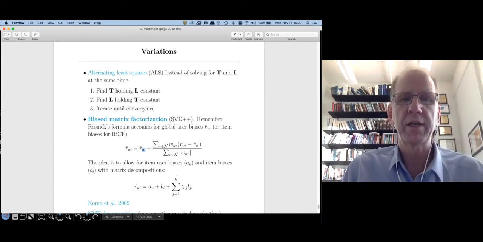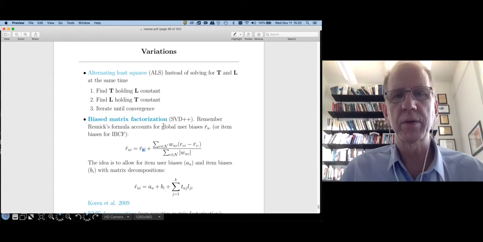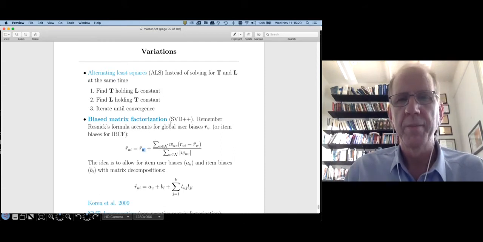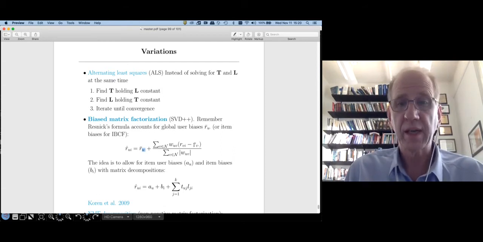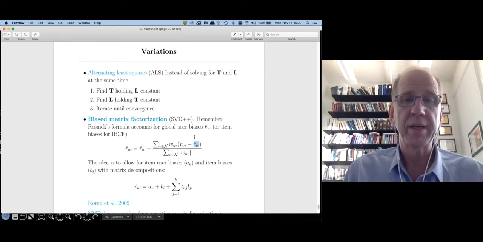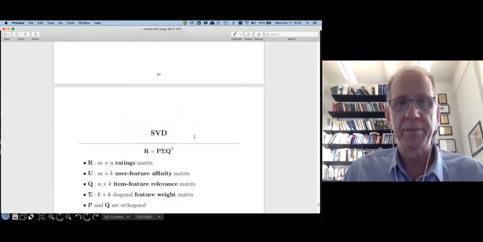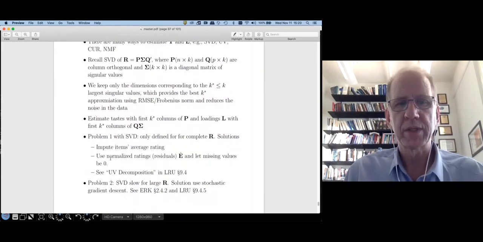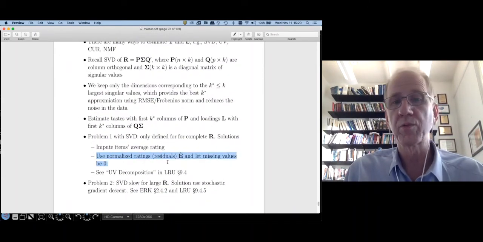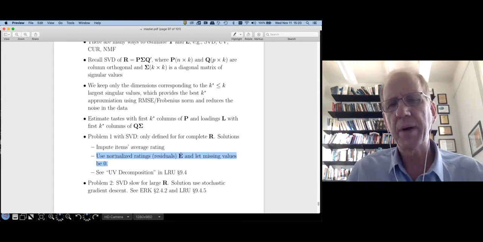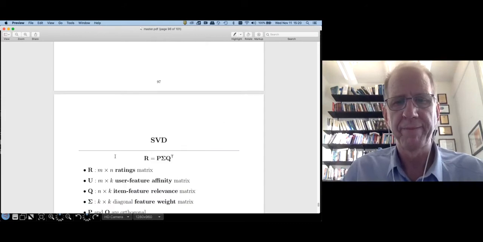What we're going to find is that biased matrix factorization is a very slow algorithm, especially if your ratings matrix is large. But it's also going to be a pretty good one because it's taking care of these user biases at the same time. So this might be better than what I proposed on the previous slide, which was to normalize your ratings first and then impute zeros. That's kind of taking the biases out as well.